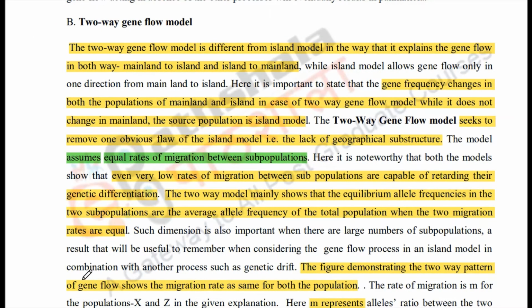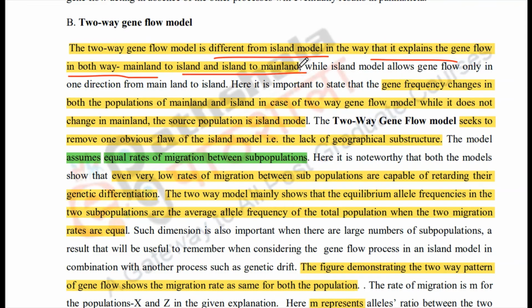Next up is our two-way gene flow model. Unlike what we have studied in the island model, where there was gene flow from only one direction and no reversal mechanism, here we are going to have a reversal mechanism as well. So it's a two-way gene flow. It's different from the island model in a way that it explains the gene flow both from island to mainland plus mainland to island.